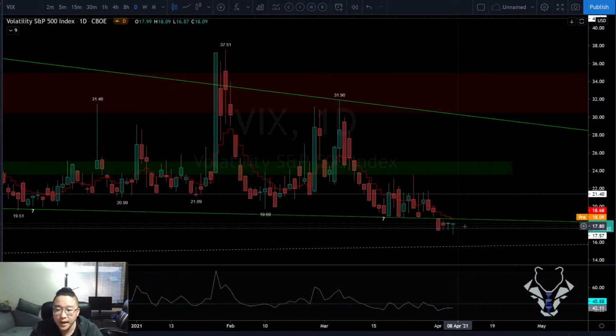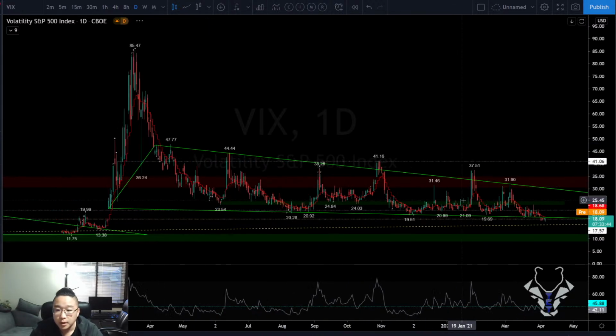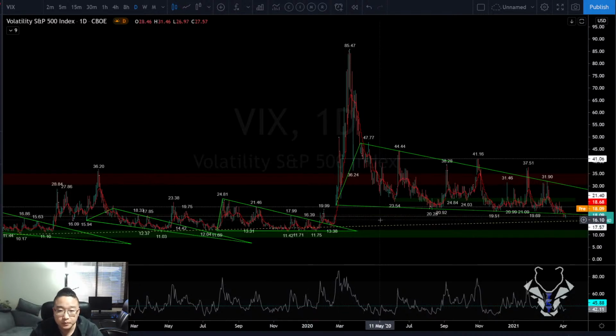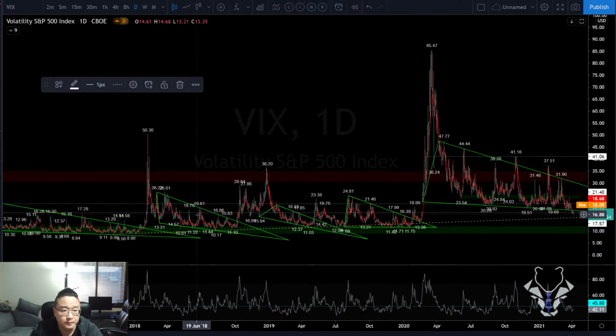VIX, we are right at that key level that I was watching. We did break down from the wedge, the long-term wedge that we were watching. However, we are holding that key level below. This key level is about 17.57, about 17.50.